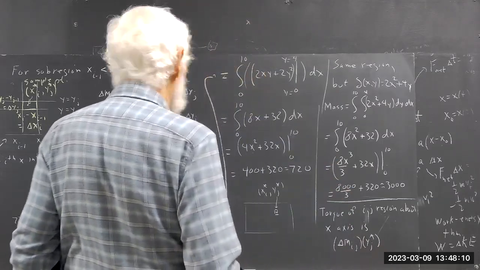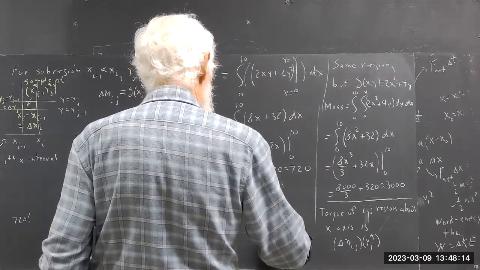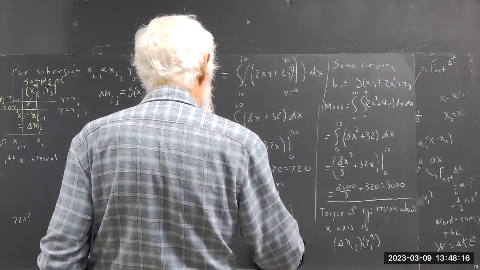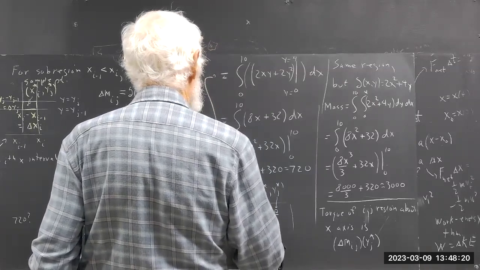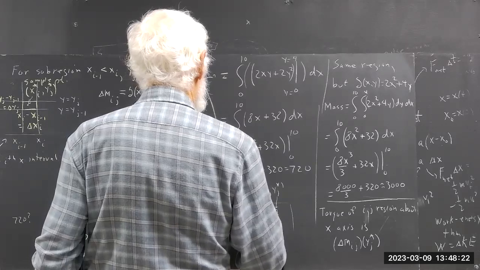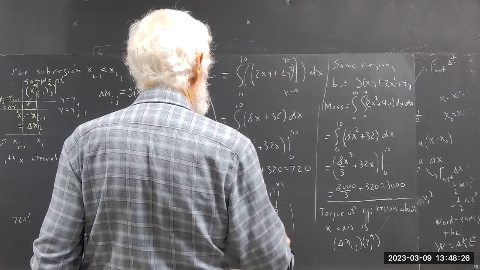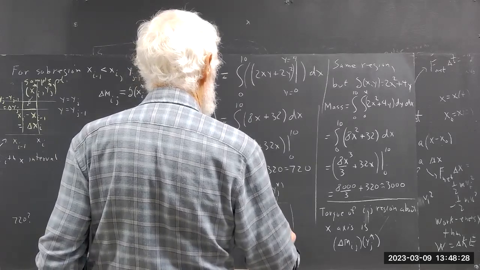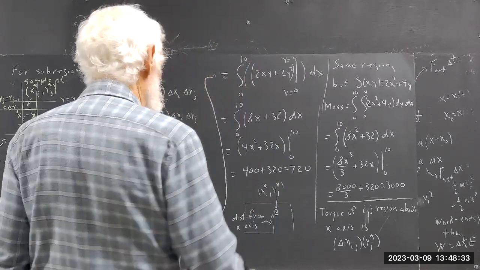All we've got to do to get the torque is multiply this by how far it is. This is our representative distance from the other axis, and that equals yj star.